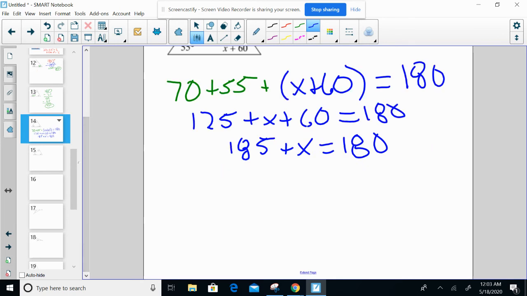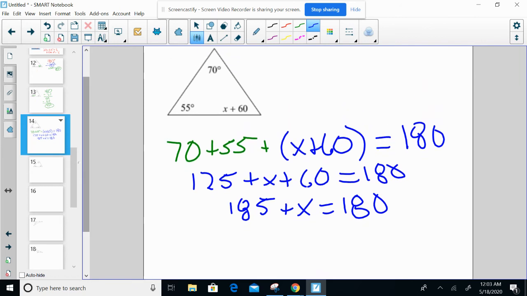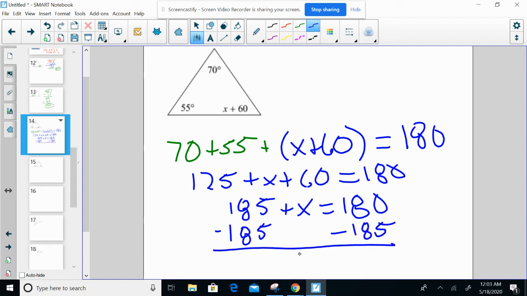So in this case, we're not actually looking for what the angle equals. Well, we can, but all we really want to do is find x here. That's what I'm looking for you to do. I'll show you how to find the angle here in a second. X equals negative 5. That's really all you need to do here, is just find the x. Show me that you can set this up, but if you want to find the angle, plug in negative 5 plus 60.